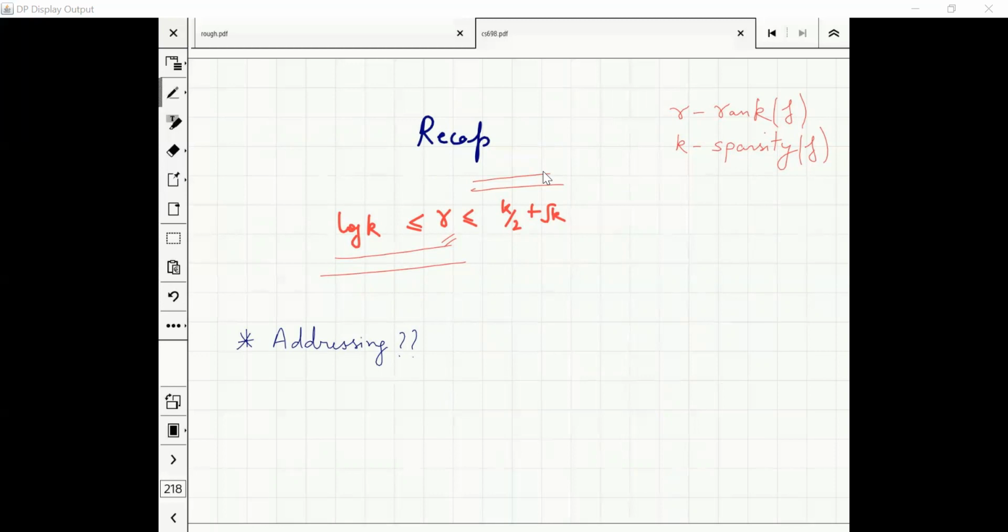The addressing function, with square root k. Yes, we also saw that the addressing function had rank around square root k. So we only know of functions where rank is square root k, while our bound is order of k.